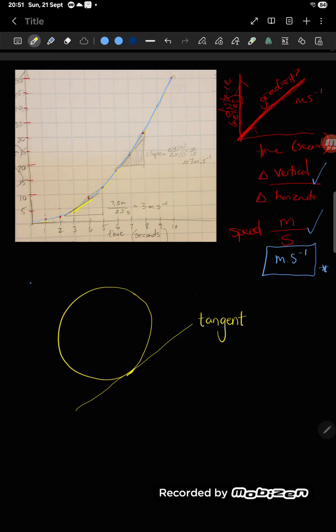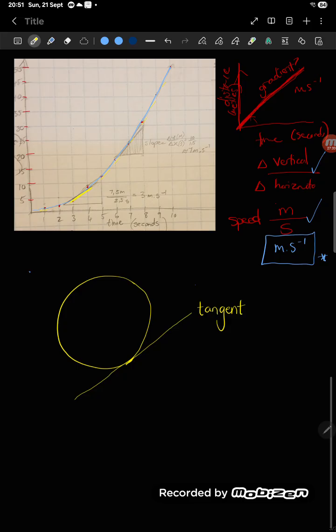I make a line, like a tangent, that touches it at that point. So say, for instance, I ask, what is the gradient at 3 seconds? Well, I make a line that touches that point, and I take it back to here, and now I quickly work this out.